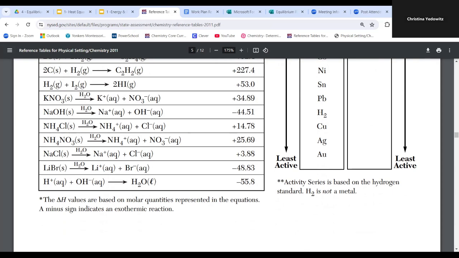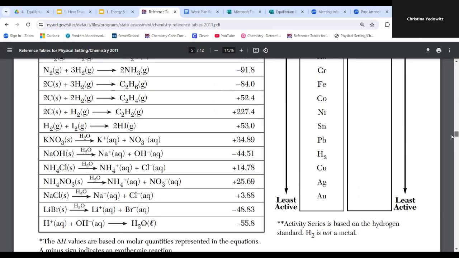This is actually the chemical that's in those chemical ice packs. Or ammonium nitrate. It's one of these two, ammonium nitrate or ammonium chloride. You can see that these are both positive and these are negative. Right, here's the reaction for making water out of ions, not out of gas.